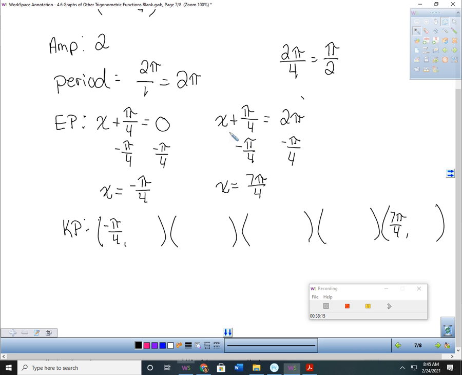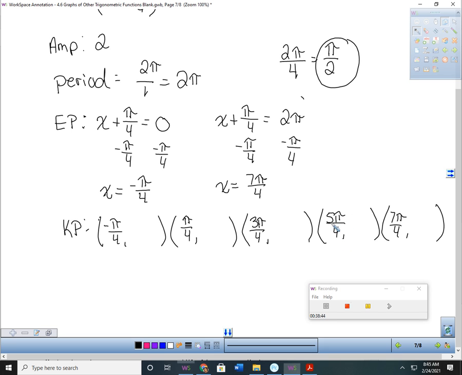So every single time we're going to be adding pi over 2. So if I take negative pi over 4 and add pi over 2, that gives me pi over 4. And then if I add pi over 2, that gives me 3 pi over 4. And if I add pi over 2, that gives me 5 pi over 4.